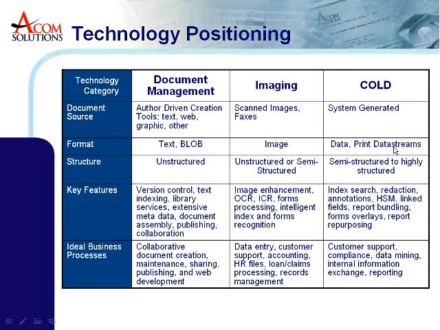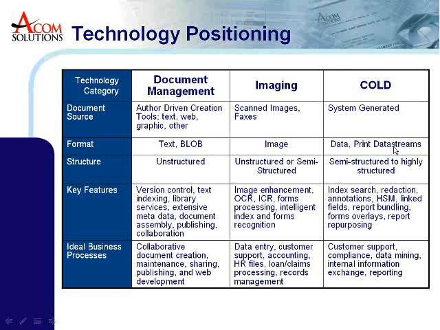At the bottom, you see a list of ideal business processes that each of those technology categories is designed to support. And while through this presentation we've started at the top and talked about document source, format, structure, features, you as a user want to analyze what kind of technology you want by starting at the bottom of this graph and looking at business processes. Say, okay, am I interested in improving our ability to create documents in a collaborative way?